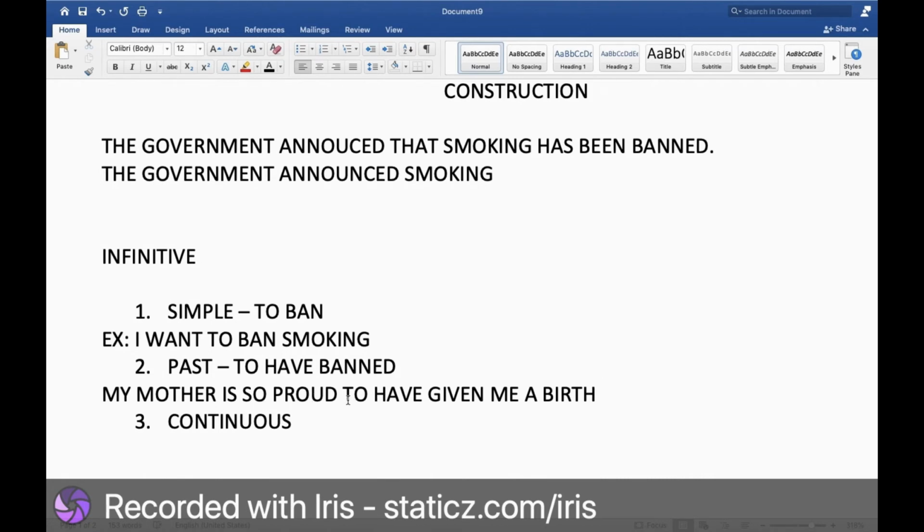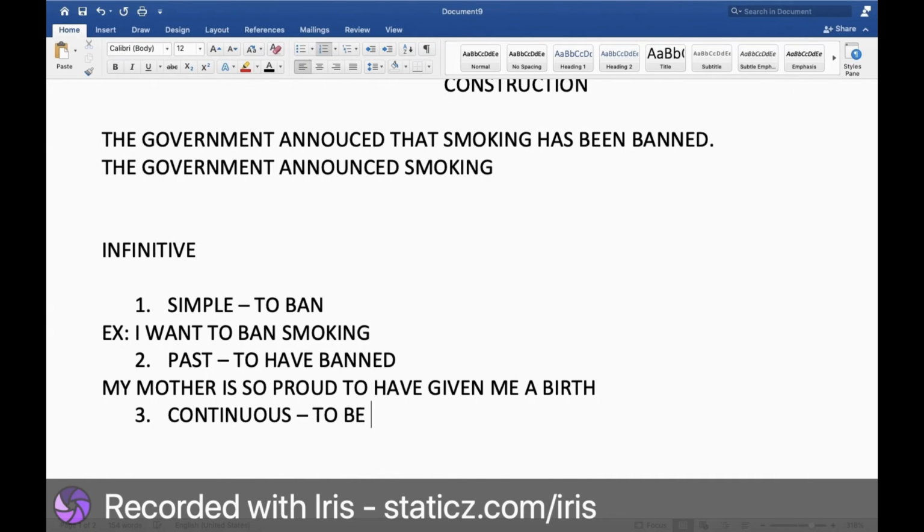My mother is so proud, she takes pride in having brought me into the world, right? So here, the infinitive construction is in past tense form. Why? Because my mother gave me birth in the past. So if it's in the past, I have to use the past form of infinitive. This is very important. Almost all the students make mistakes here in the writing section.